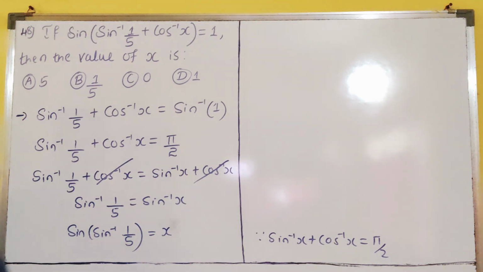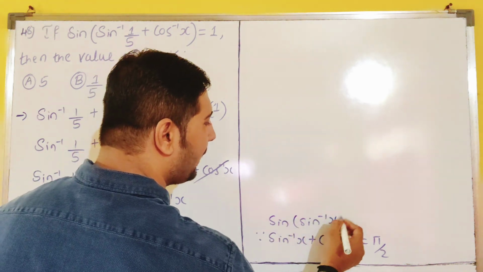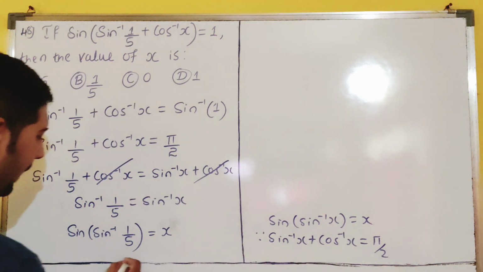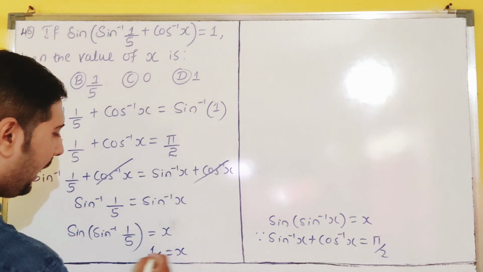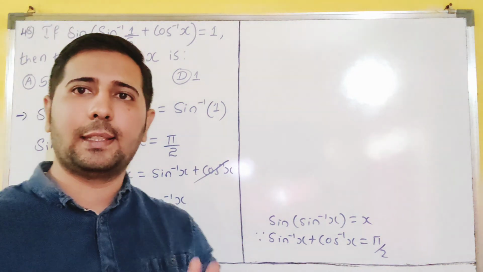Do you remember this also? Sine of sine inverse x is what? X only, dear students. X value is 1 by 5, so x is equal to 1 by 5 is our answer. Our answer is matching with B, dear students. B for bingo. This is one method.